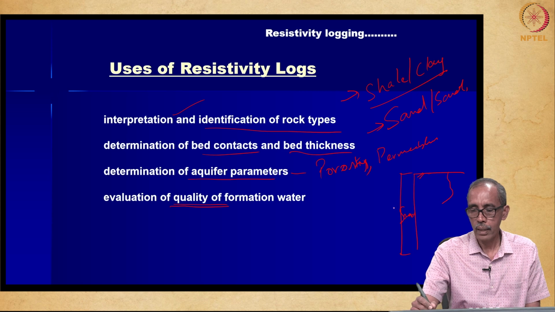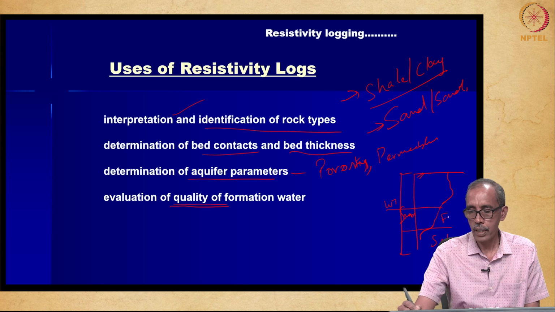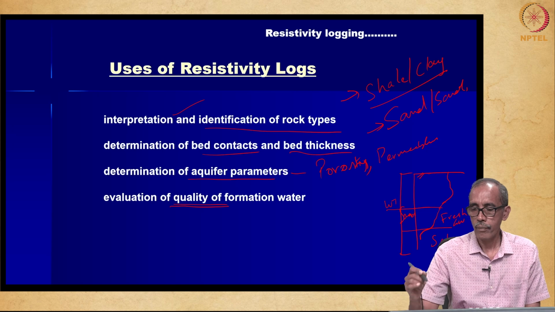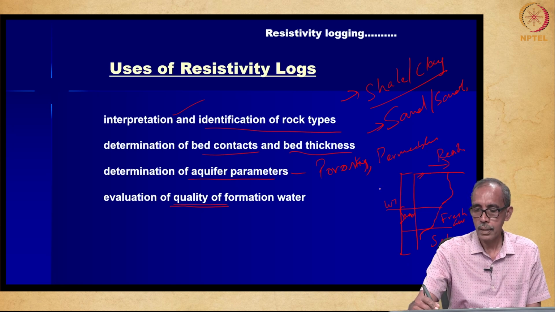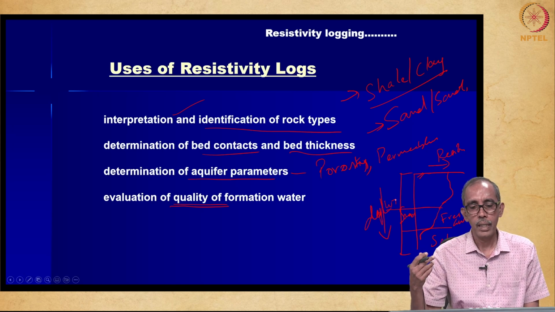When we meet the water table, let us say this is the water table, resistivity drops down at the water table, and resistivity will suddenly drop down to almost 0 when the water is saline. Here it is fresh groundwater, here it is saline groundwater. Okay, this is the resistivity. This is depth. It is quite obvious, right?